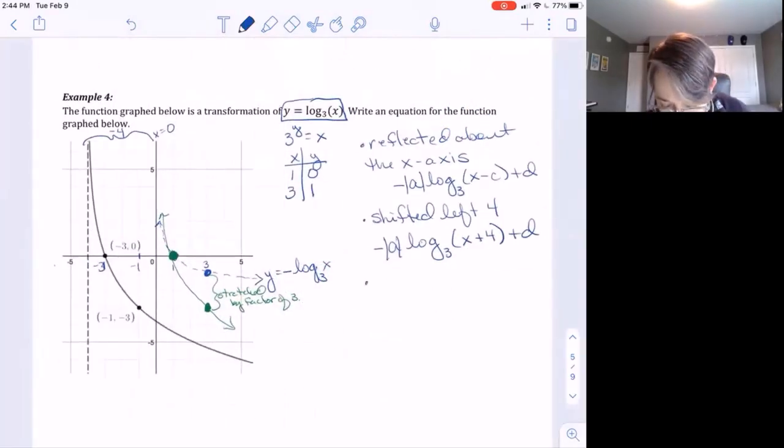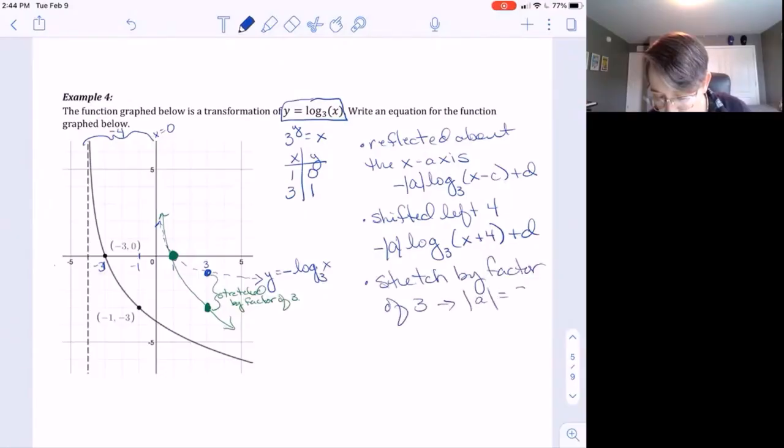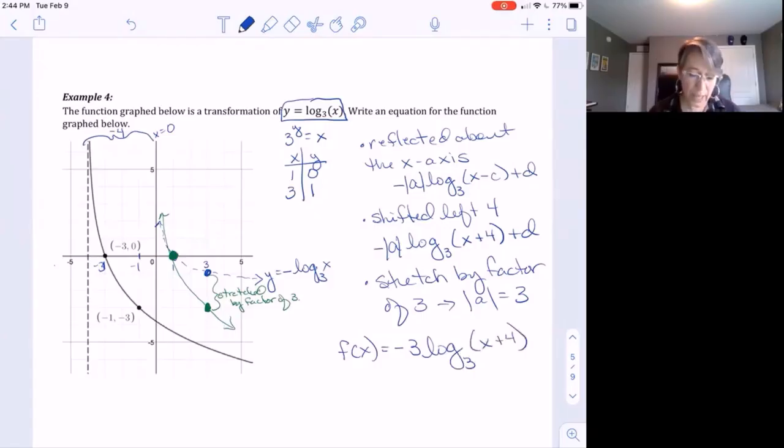So we need to write that in. We're going to stretch by a factor of 3. That means the absolute value of our a is 3. So our equation would be f of x equals the opposite of 3, or -3, log base 3 of x plus 4. And it doesn't look like anything was shifted up or down. We just had the left and right and the stretch.